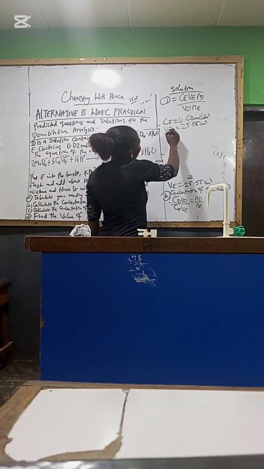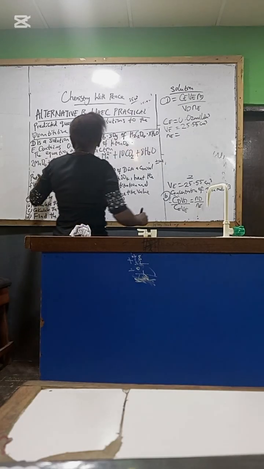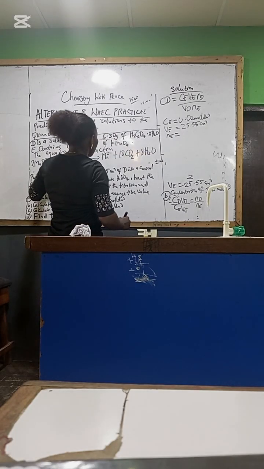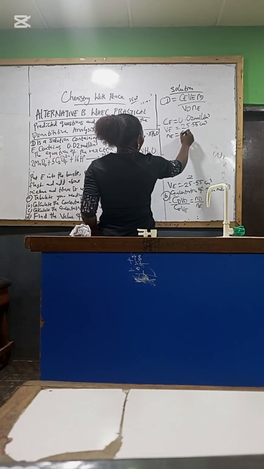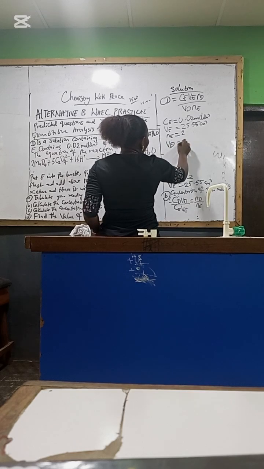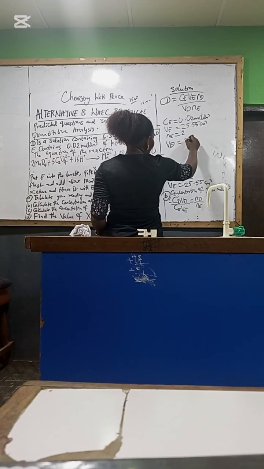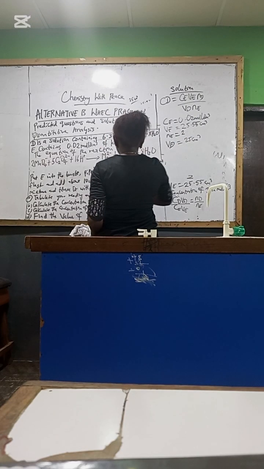Then our NE, from the equation, is 2. Our VD is the volume of the prepared solution, which is 25 centimeter cube.